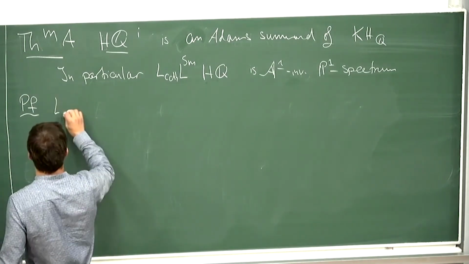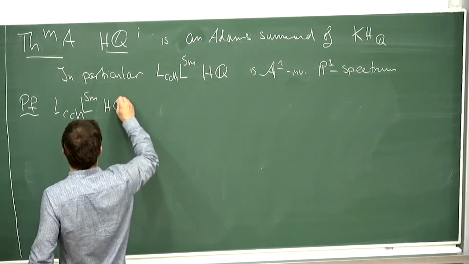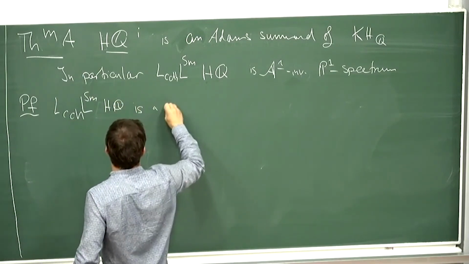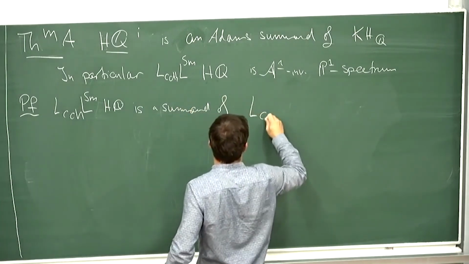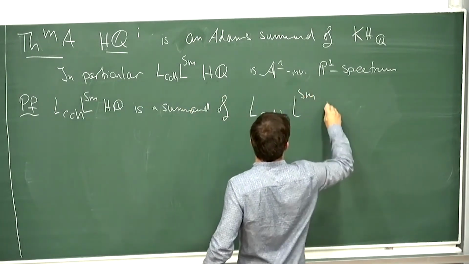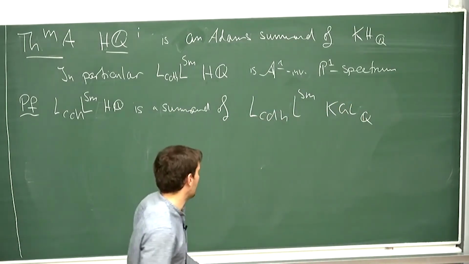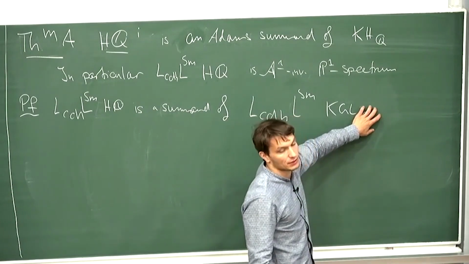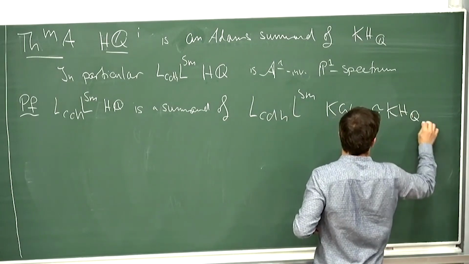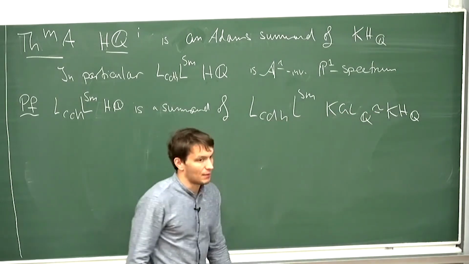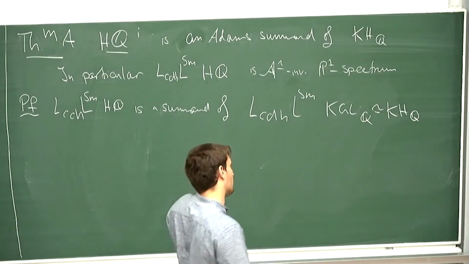Okay, so this thing here, L_cdh L_smooth HQ is a summand of L_cdh L_smooth KGL Q. But by the example from the beginning, if I had no Q here, I would get KH, and so I get KH Q. Okay, and obviously, a summand of an A1-invariant guy is A1-invariant, a summand of a P1-spectrum is a P1-spectrum, and so we're done.